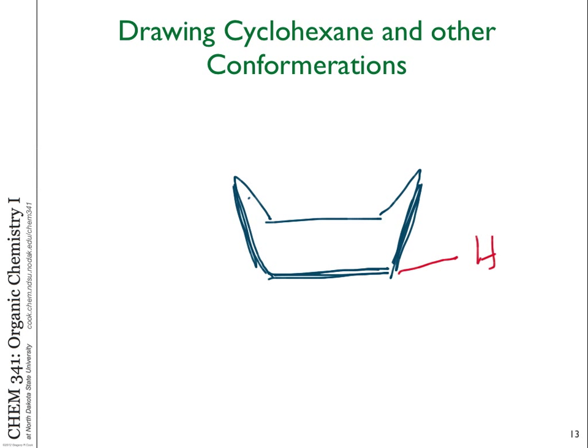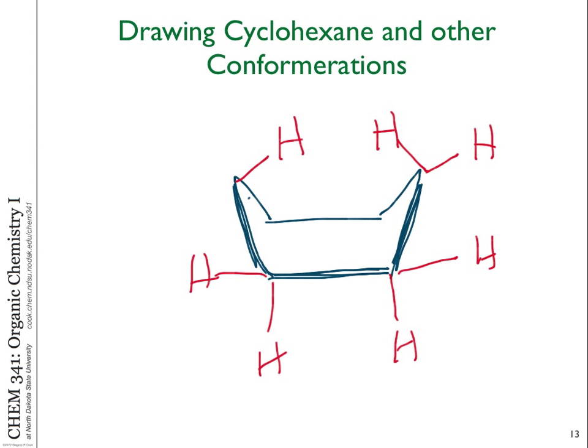So I'm just going to draw some of these. In this boat conformation, I didn't draw the hydrogens on the back, but you can see from this. Now, these bonds, if you were to visualize down that carbon-carbon bond, what would those bonds look like?